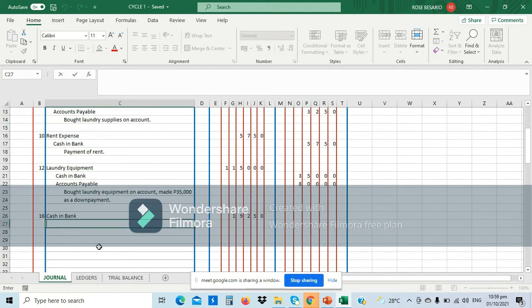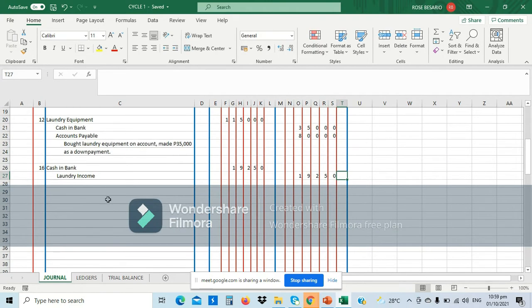And then our credit is laundry income of 19,250.